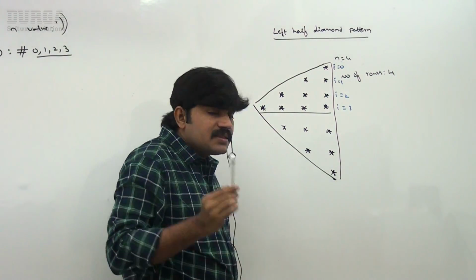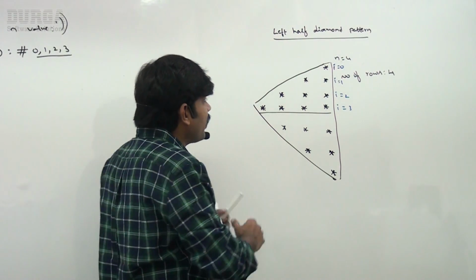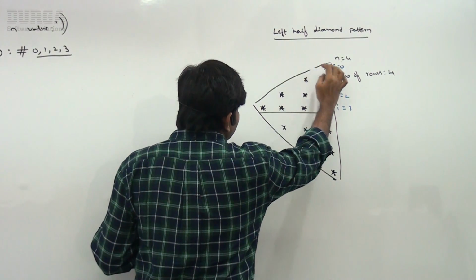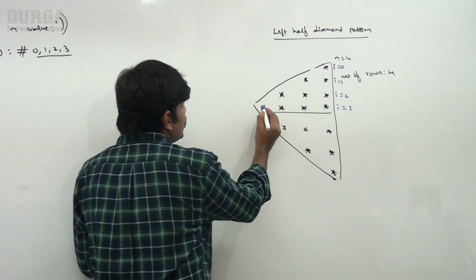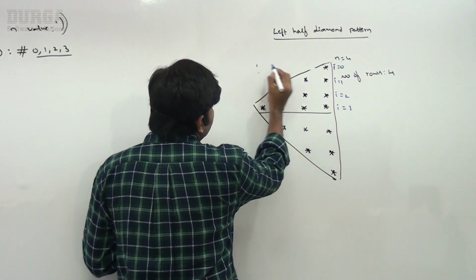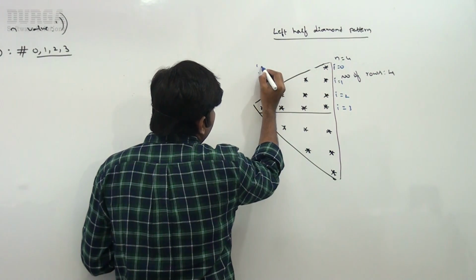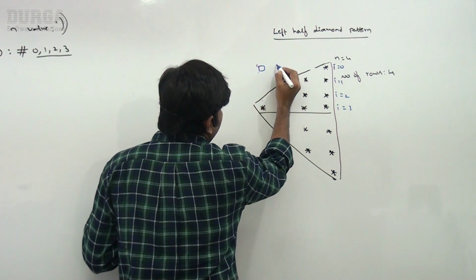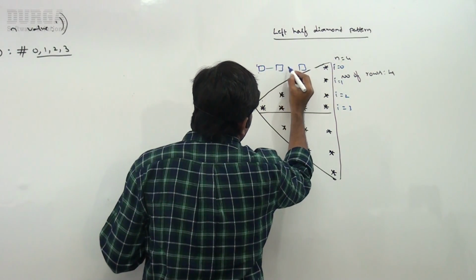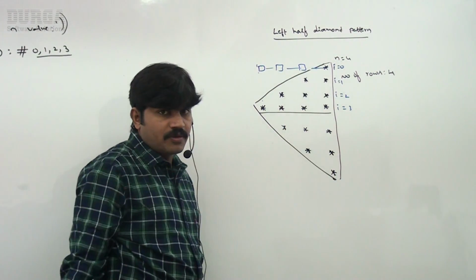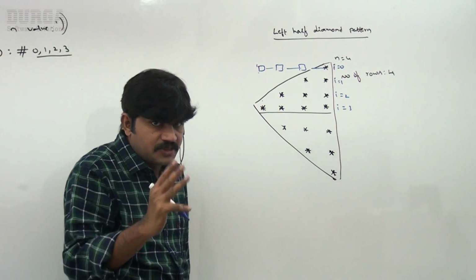Sir, in every row, have you observed, there are some spaces followed by number of stars. If you consider the first row, sir, one space here instead of star, another space here, followed by this one. This is the first row. Observe that. How many spaces are there? 3 spaces.